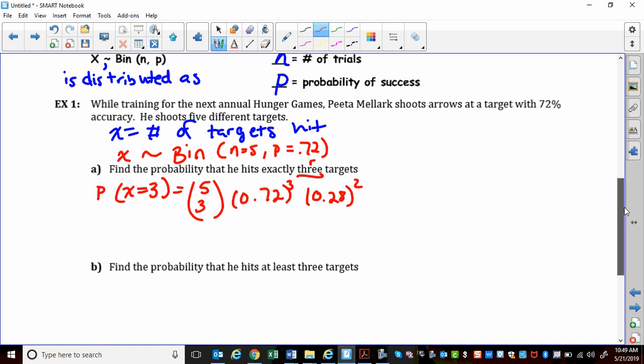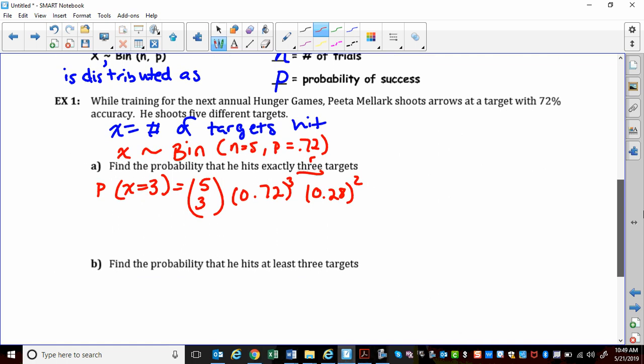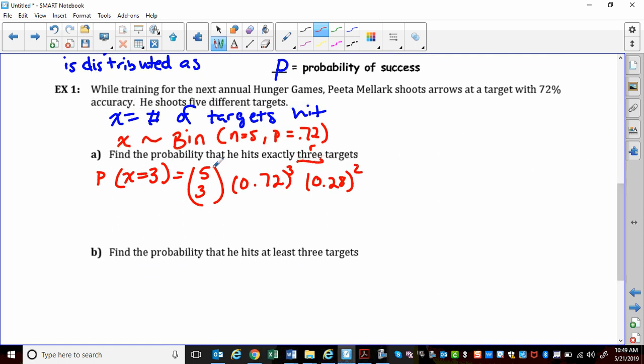I'm just using my formula, N minus R, 5 minus 3 is 2. We would just put this in our calculator. I think it's about 0.293 is the probability that he gets 3 targets, or 29%.